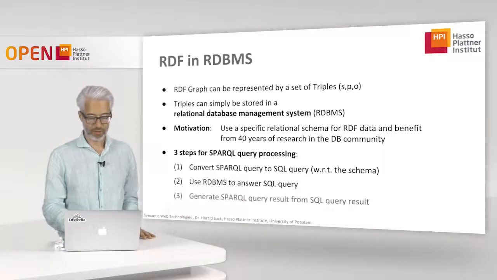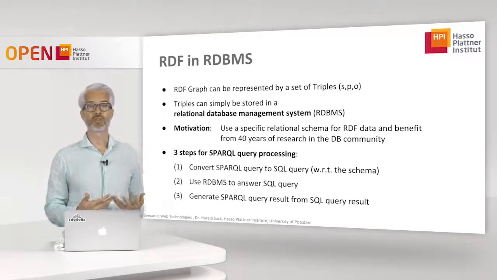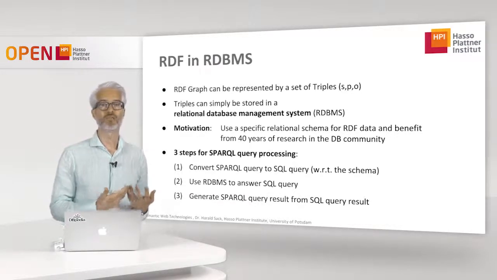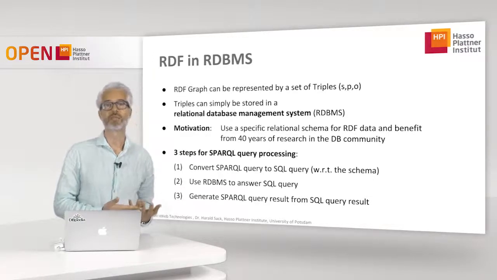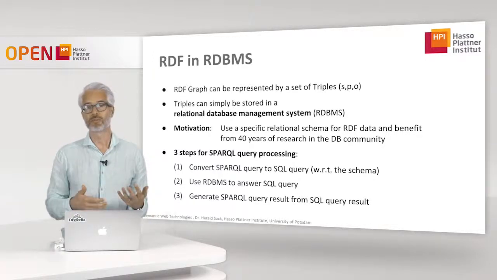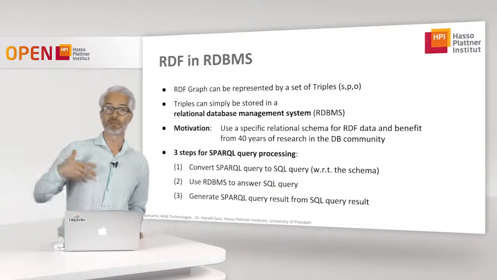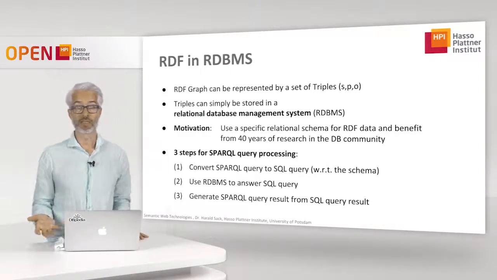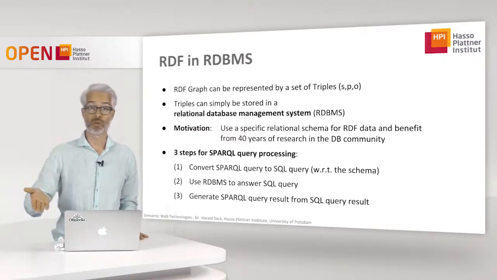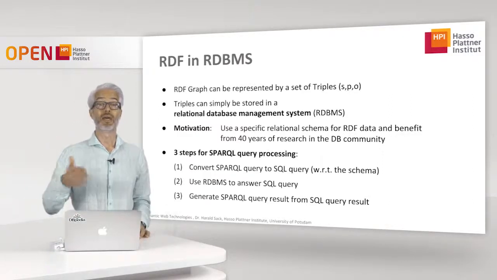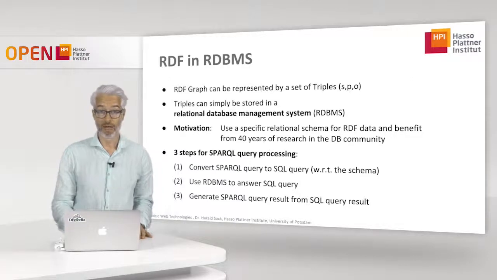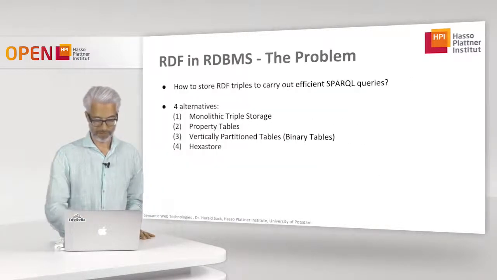And in the end, there should be a retranslation of the results, so I generate SPARQL query results from the SQL query results. This would be the general way how I could apply SPARQL queries on an RDBMS. So I must transform them, I must interpret them as SQL. We will see how this will work shortly.